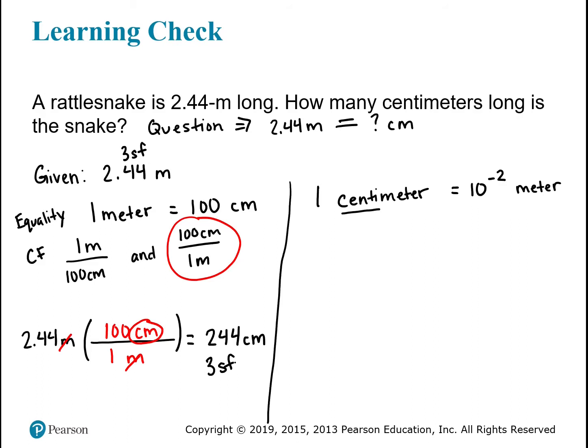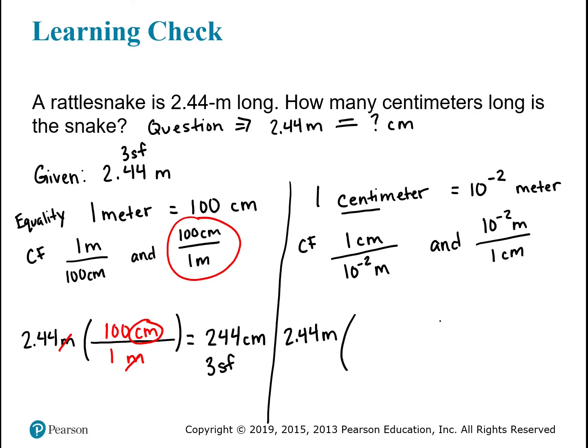Now let's say that you wrote the other equality. 1 centimeter is equal to 10 to the minus 2 meters. We still have to write 2 conversion factors. There's 1. You flip over to make the second. And then we set up our problem. Still looking for the conversion factor with meters in the bottom.